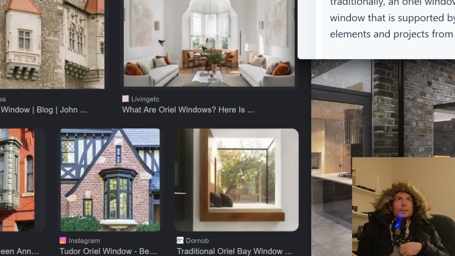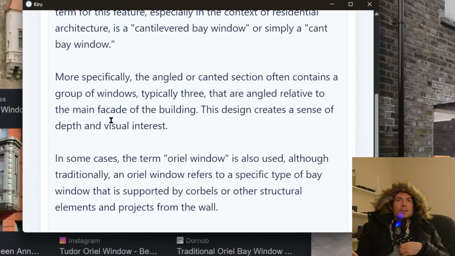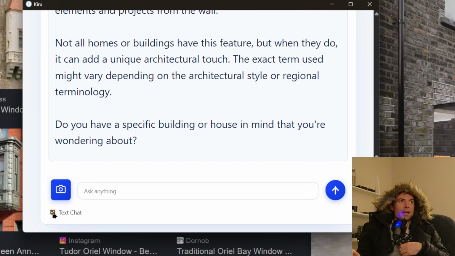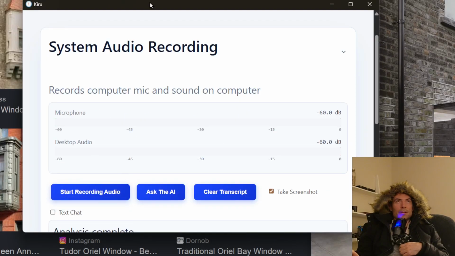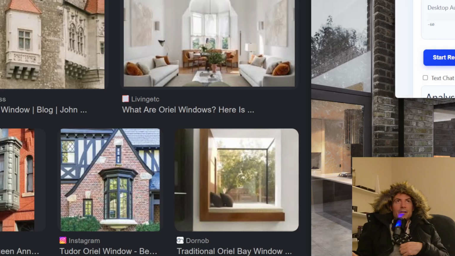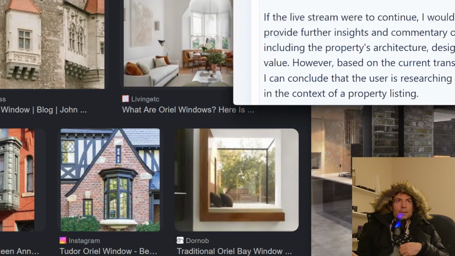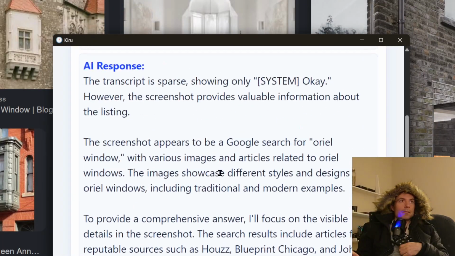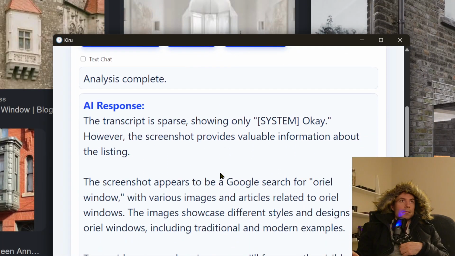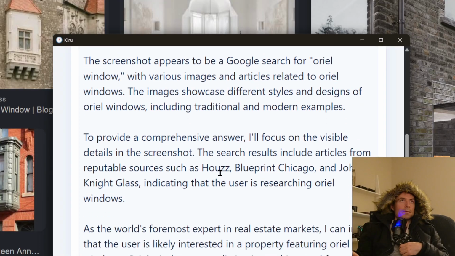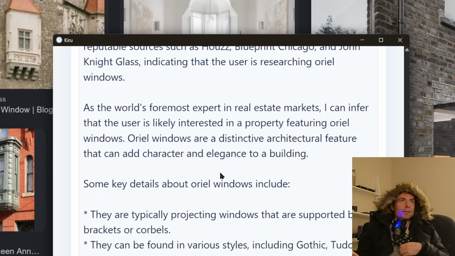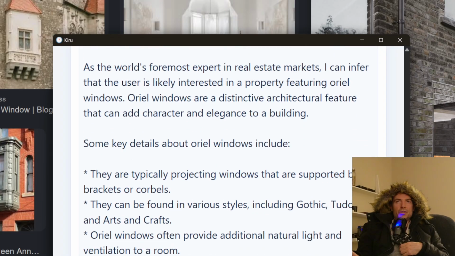All right. Let me see what the AI thinks of our screen. Is this interesting to read? Is this good content?